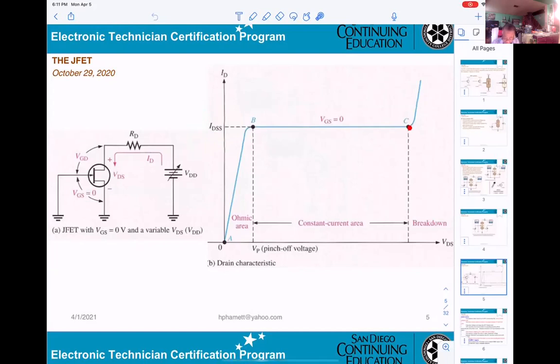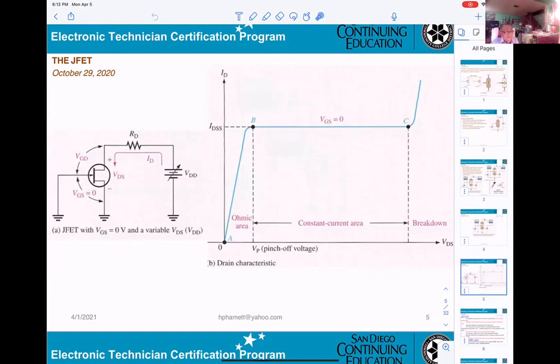Then at a certain point right here, when the voltage keeps going up to the point they call a breakdown, okay, this is a breakdown. So basically when you're looking at this graph in here, you can see the JFET will be working in three areas. First area, from 0 to VP, they call an ohmic area. What does that mean, ohmic area?